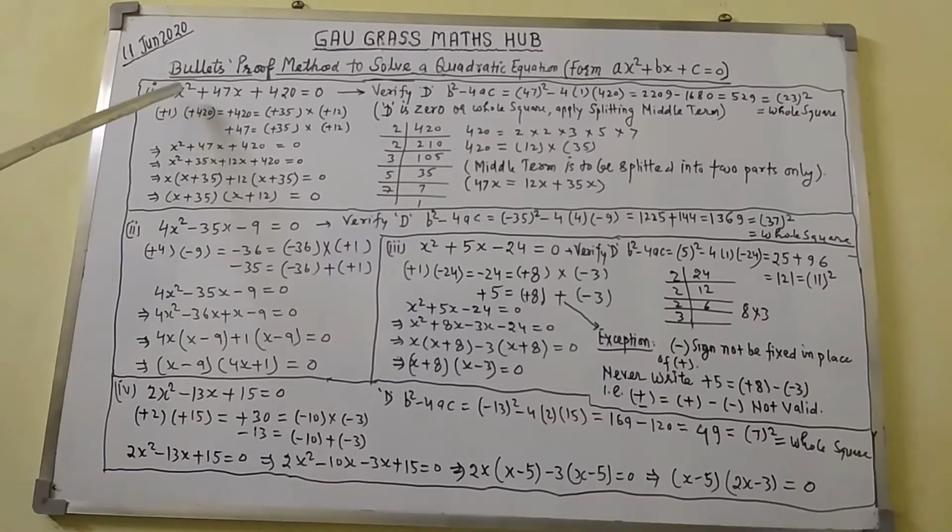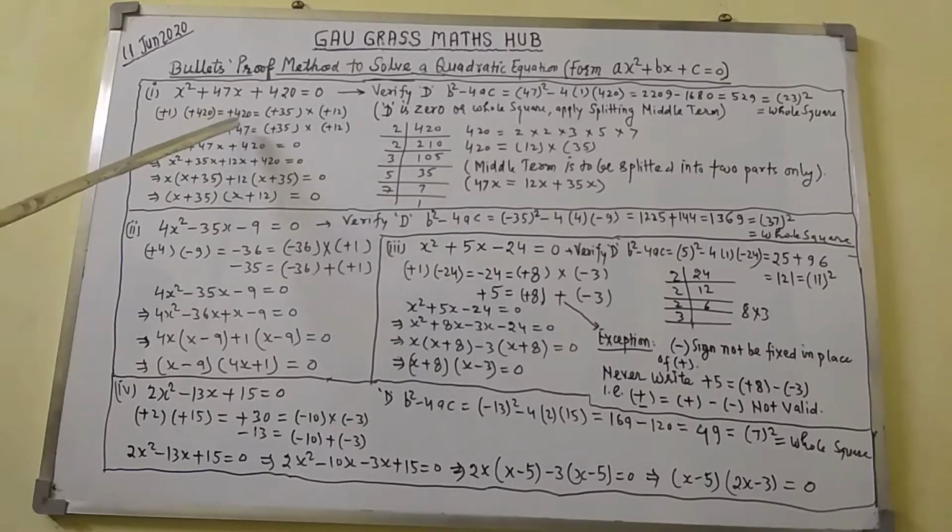Here you can see the coefficient of x square is plus 1. Right here at this place, the coefficient of x square, plus 1. And here you write the constant value, plus 420. Now both values will get multiplied together. The result will be equal to plus 420.